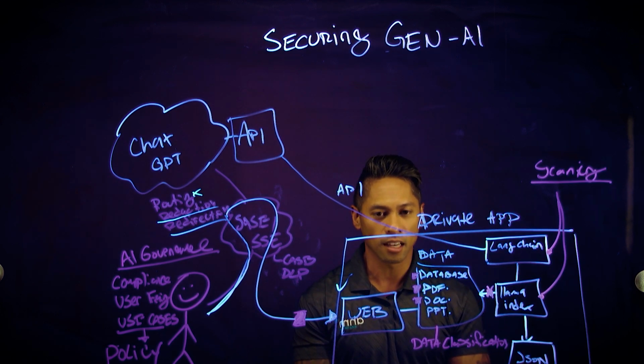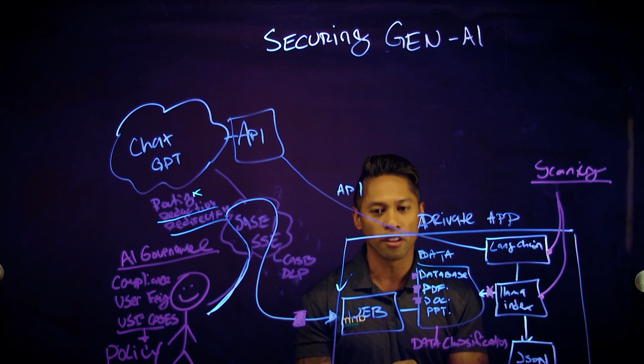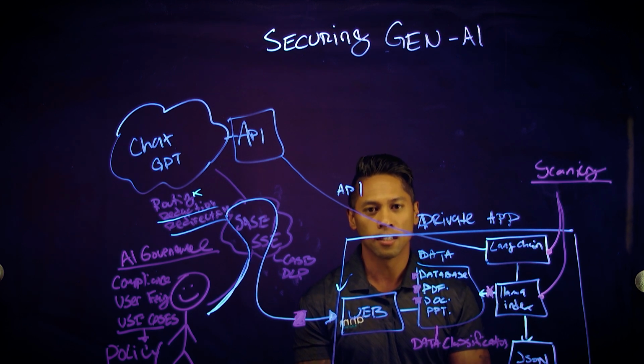We can scan things like GitHub or even OneDrive to look at our source code and see whether any commonly used AI libraries are in it, and then alert on that.